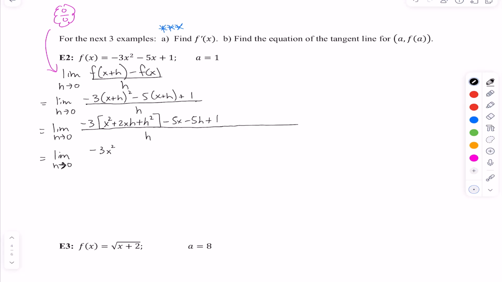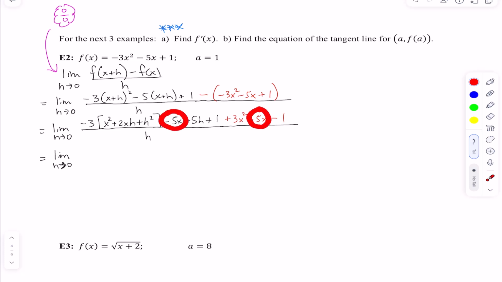Speaking of simplifying expressions, I need to take away f of x. And hopefully you see that some of these will add up to 0. Here we go. This term will add up to 0.